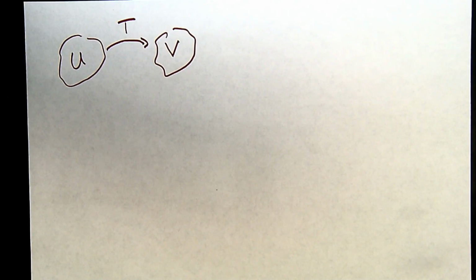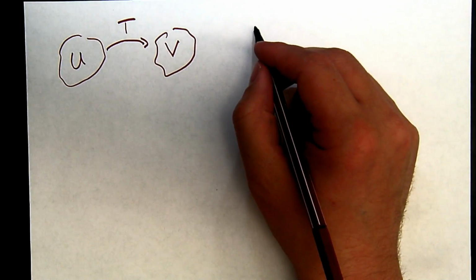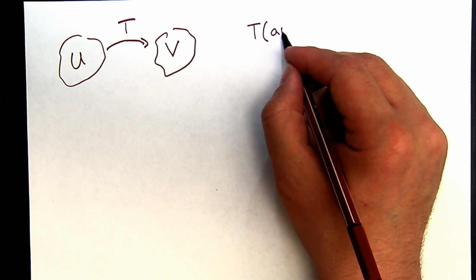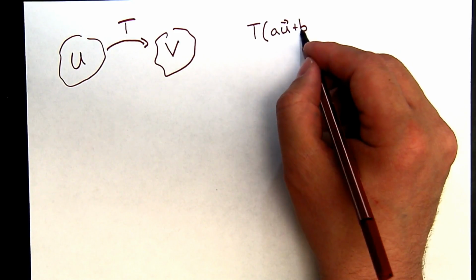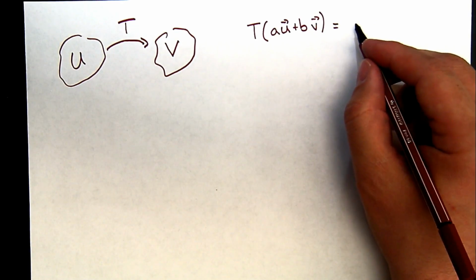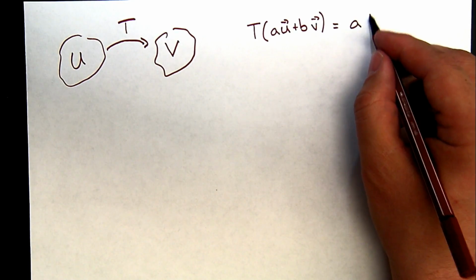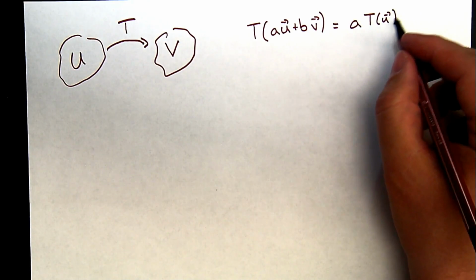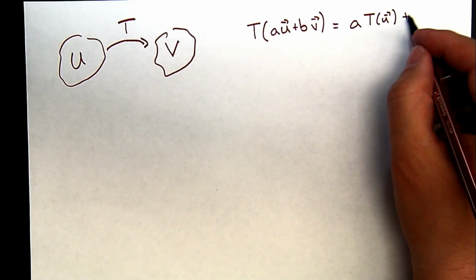Now I've used the word linear again. Okay, so whenever you hear the word linear in any class, you should think, all right, that means it works really well with addition and it works really well with scalars. So in particular, that says, look, if I have a linear combination, so addition and scalars, aU plus bV, then I should expect that I can pull out any scalars and I can break it up over addition.